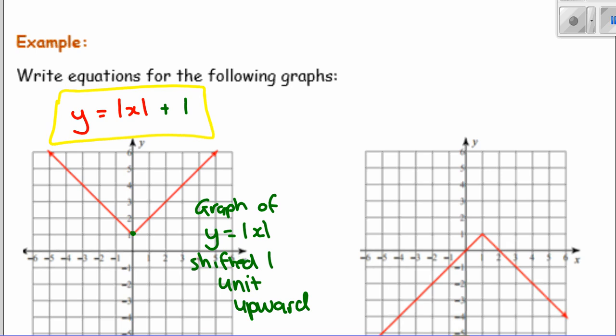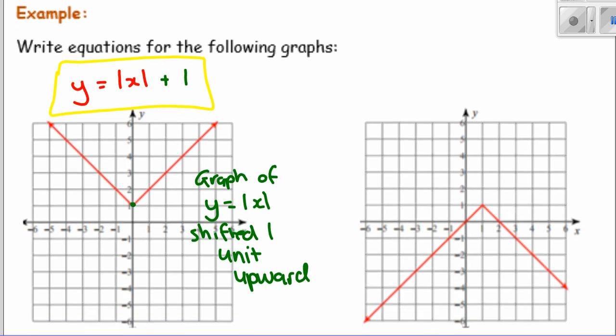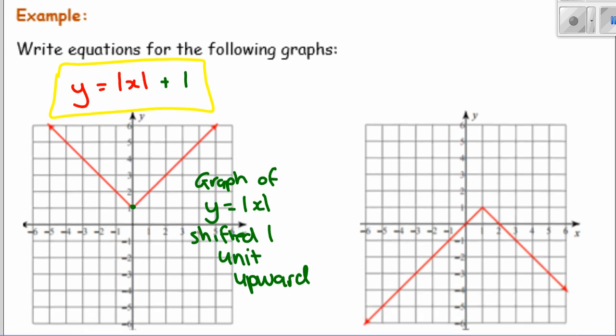Then the next one, it's been flipped, so it's going to have a negative at the front. So it's had lots of things done. It's been flipped, which means it's going to have a negative out the front. It's also shifted 1 unit upward. I tend to look again at this little point here.